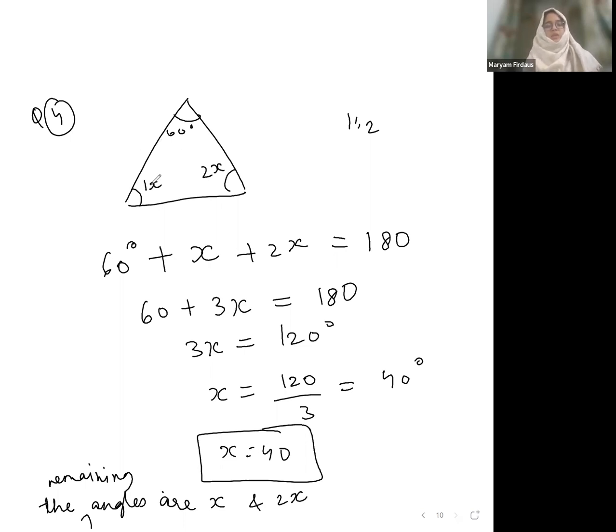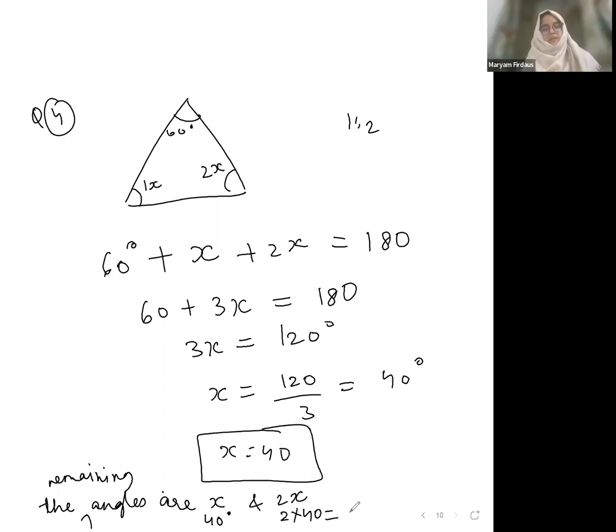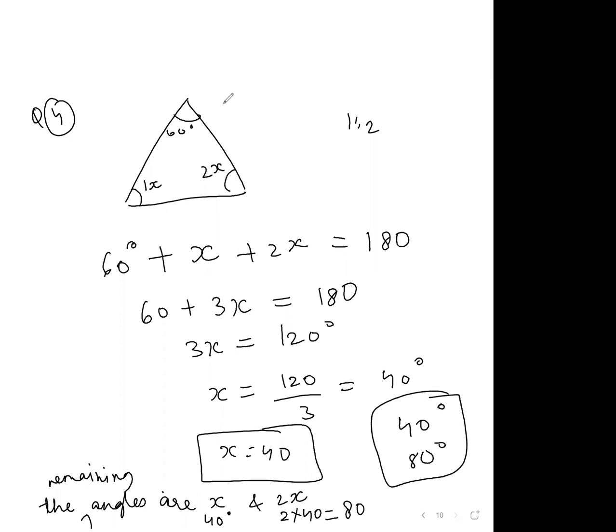They're not asking you 60. So x is 40 and 2x is 40 multiplied by 2, which is 80. So the angles are 40 and 80 degrees.